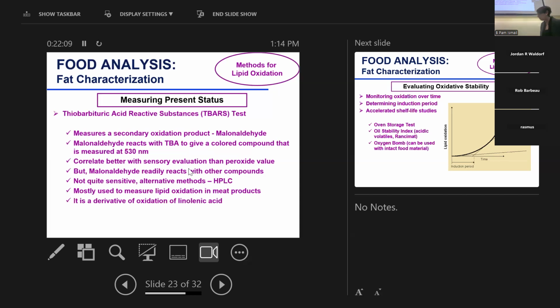So if you have oils high in linolenic acid, this is a good test for it. If you have very low linolenic acid in your sample, and mostly it's oleic or linoleic, that's not a good test because then you won't have sufficient amount of malonaldehyde produced during oxidation.